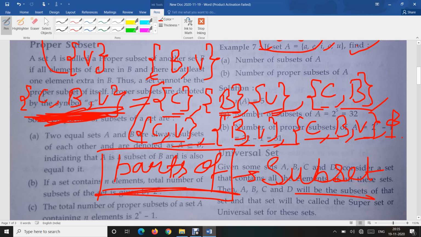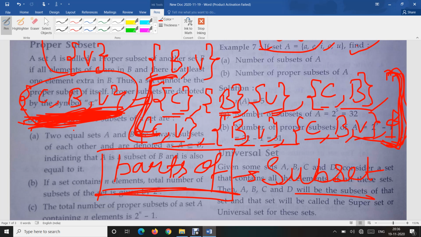That means all these parts are the subsets of C, B and V. All these parts which you have chosen are the subsets of this set. Hope you understand about the subset.